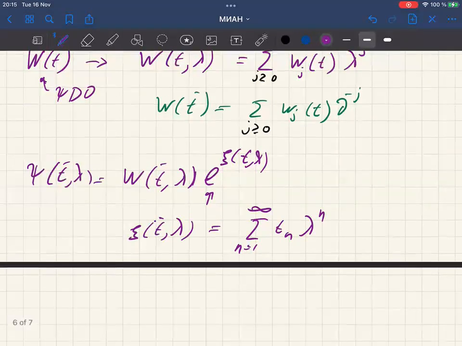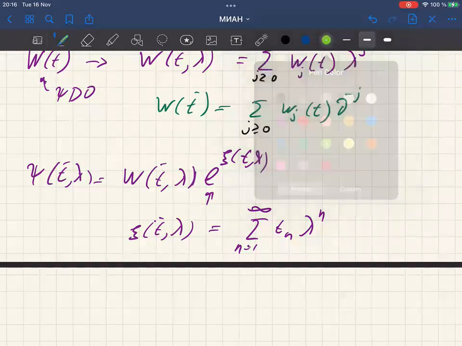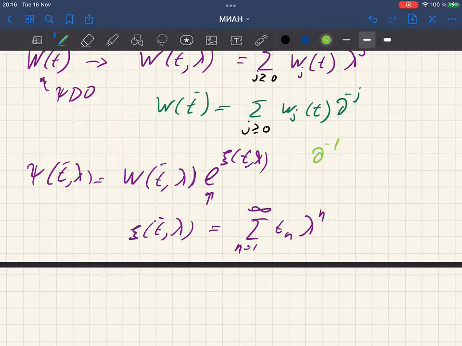Let me write it this way. We don't know how d^-1 acts on f, but we could define d^-1 acting on, for example, x lambda as x lambda minus lambda inverse.